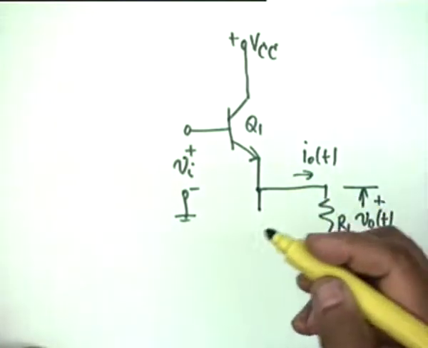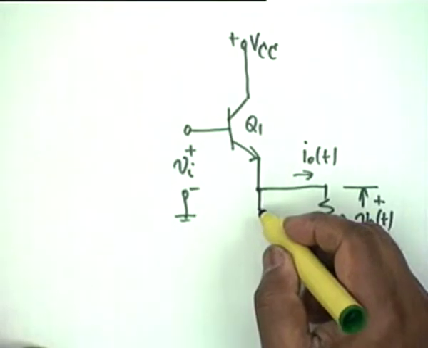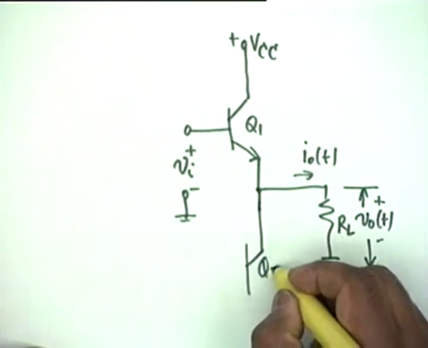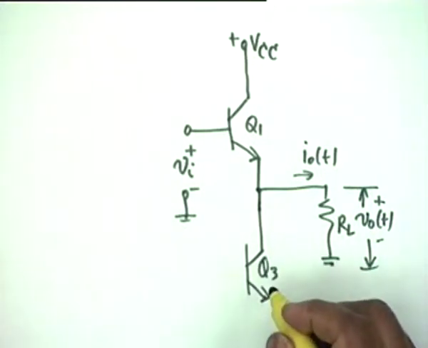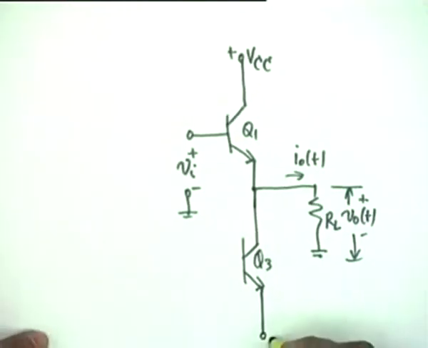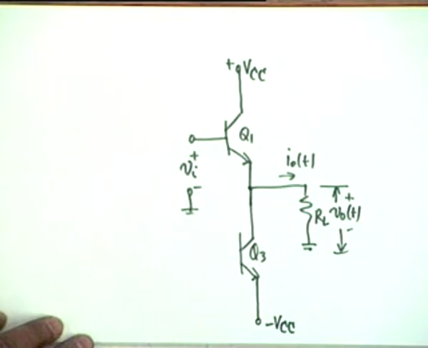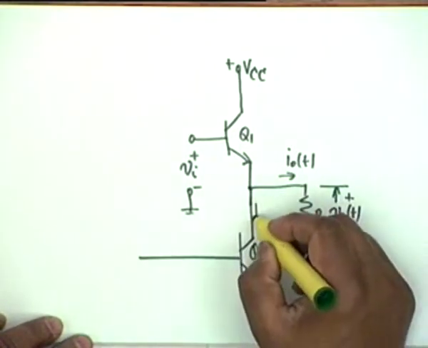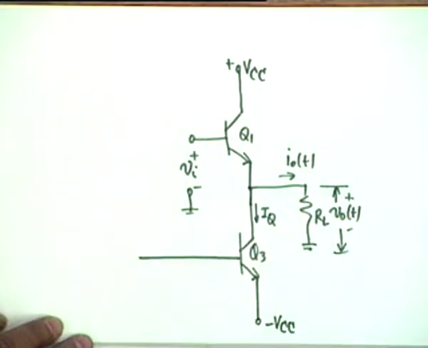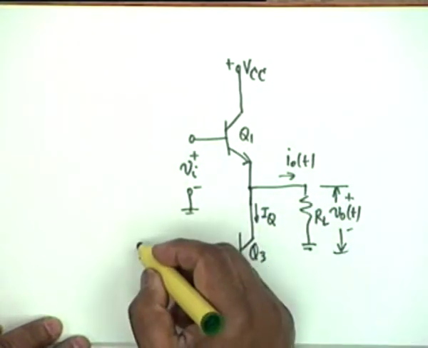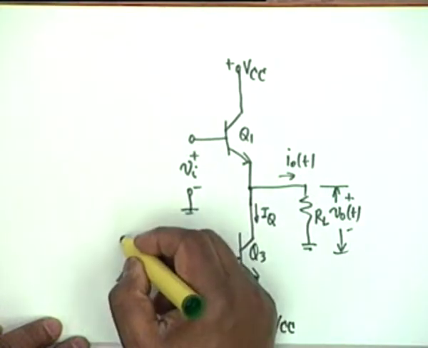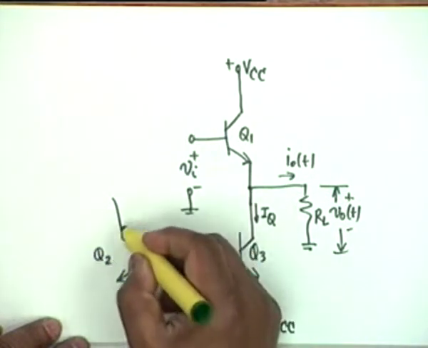we use another transistor in the current mirror mode, that is, we use a Q3, whose emitter goes to minus VCC. Emitter goes to minus VCC, and the current IQ of Q3 is decided by the main transistor, which is the current deciding transistor, which we had called Q2.